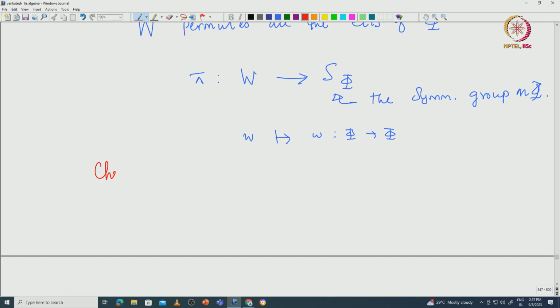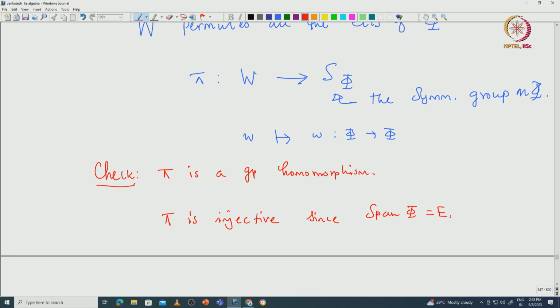This is a group homomorphism. That is not very hard to check. So, pi is a group homomorphism, and that follows from the fact that W acts on phi. Now, what kind of group homomorphism is it? You can see that since phi spans the entire space E, this pi must be an injective map. Okay. So, pi is injective since the span of phi is equal to E. So, let us prove this fact.